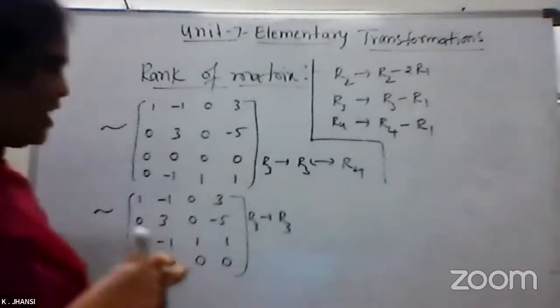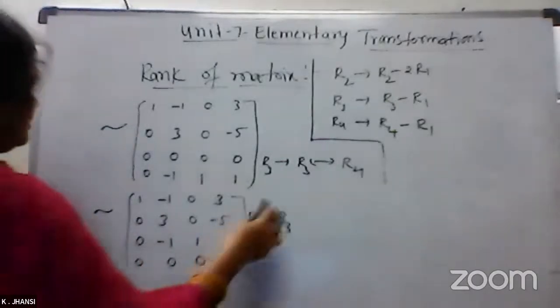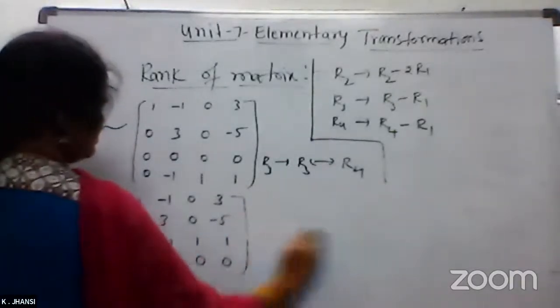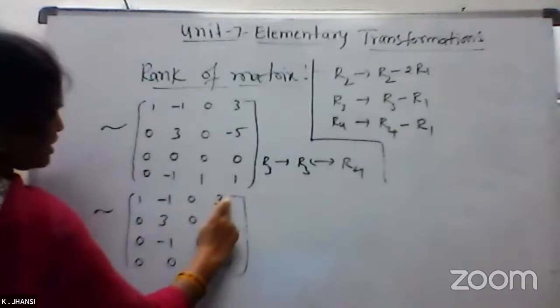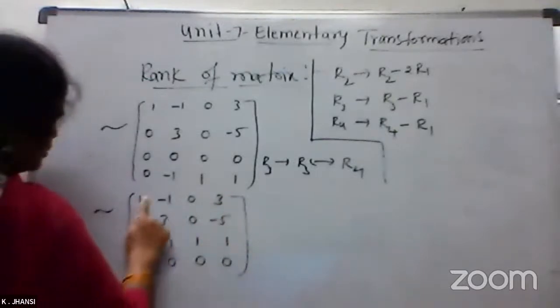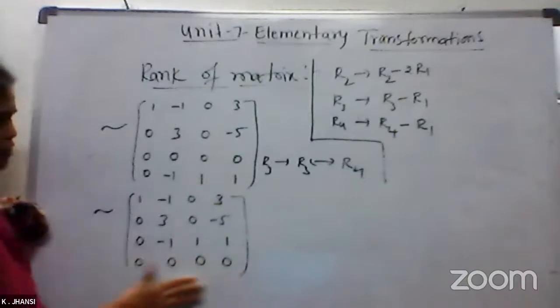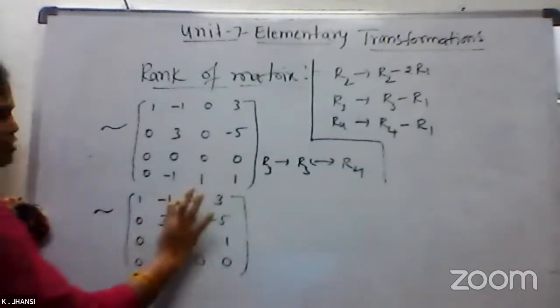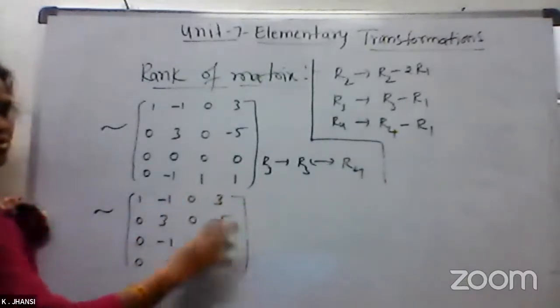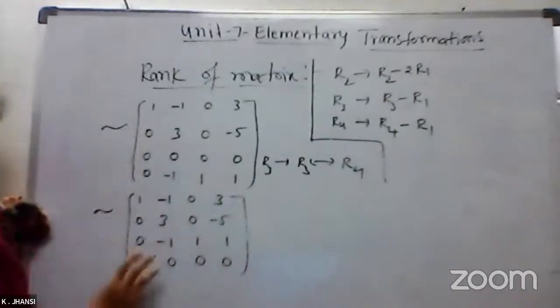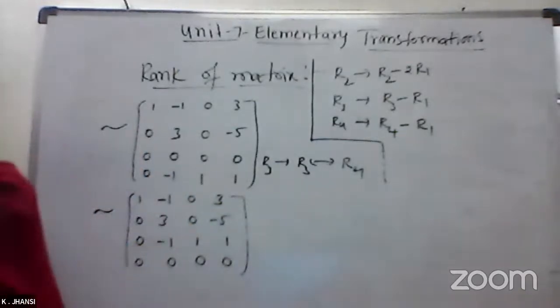Keep like that only. How many non-zero rows did we get here? So non-zero rows are this one and this one. Whatever is there in the last row has become 0. That means the fourth row has been eliminated. So here the number of non-zero rows is 3. Therefore the rank of the matrix is 3 here.